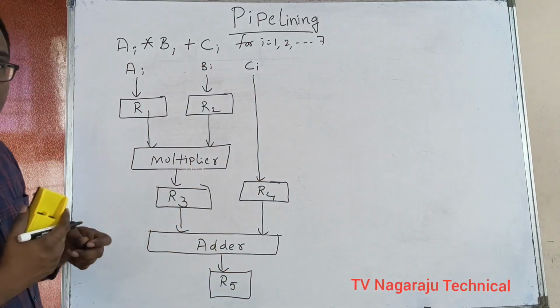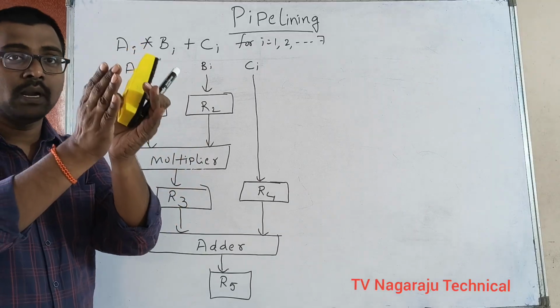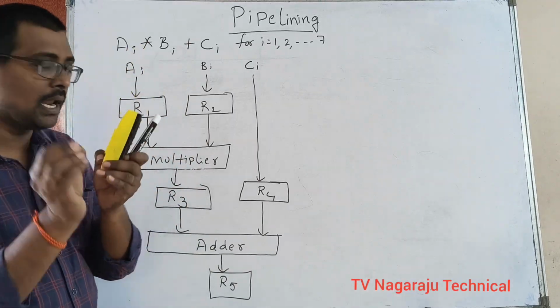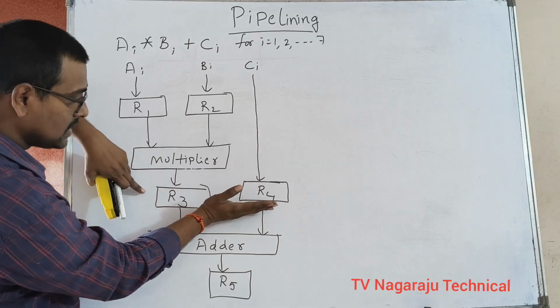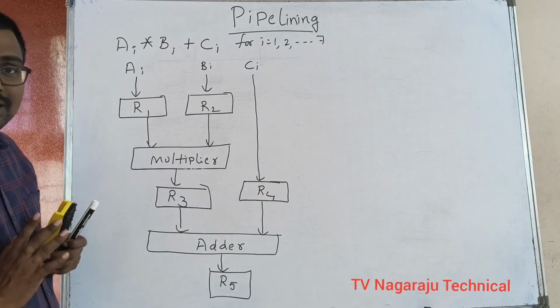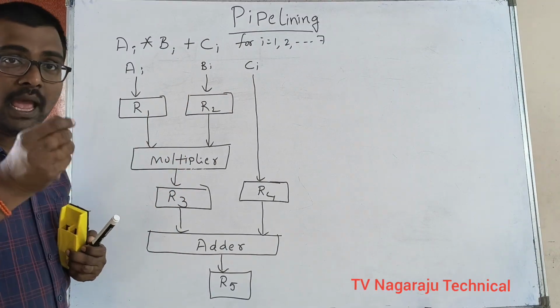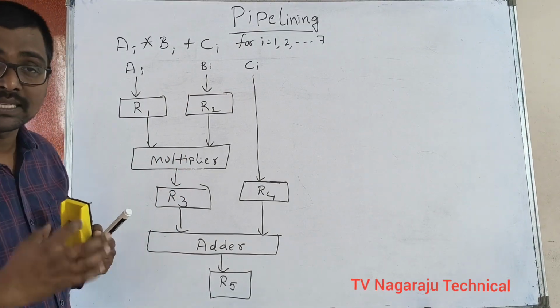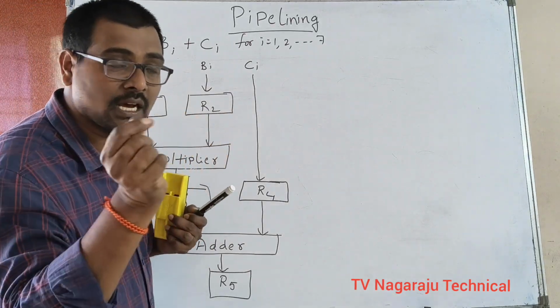Now consider this example. How many segments do we have? A segment means one partial operation. Up to now, this is segment 1, this is segment 2, and the result is copied to R5, this is segment 3. Now, whatever example we consider, what happens on each clock pulse, that is, how the data of the registers are changed.